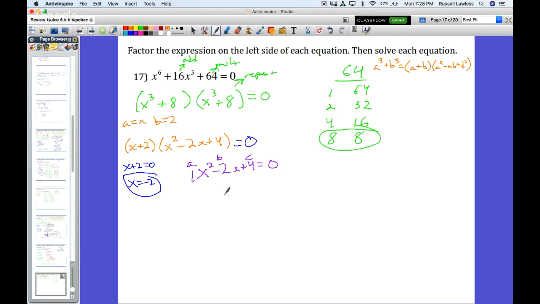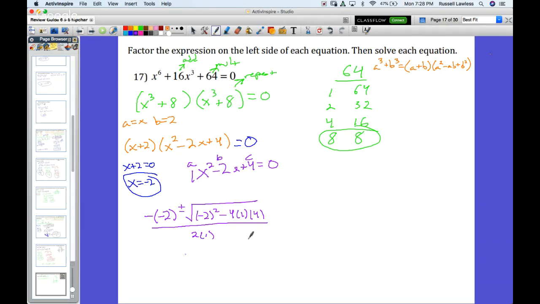And so to do that, we'll have negative b, so negative negative 2, plus or minus the square root of negative 2 squared minus 4ac, all over 2a.